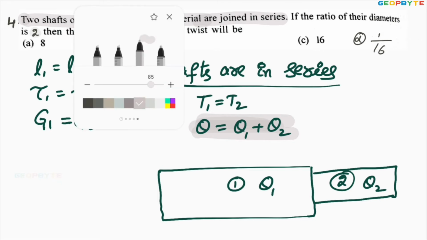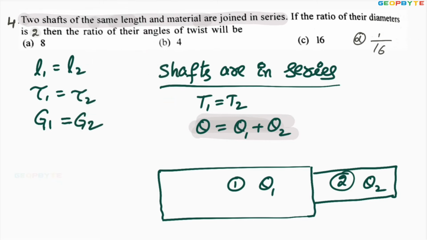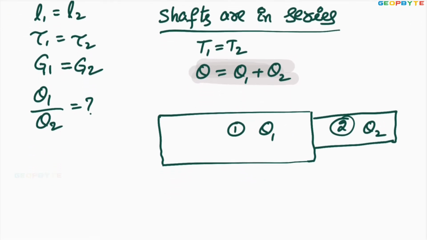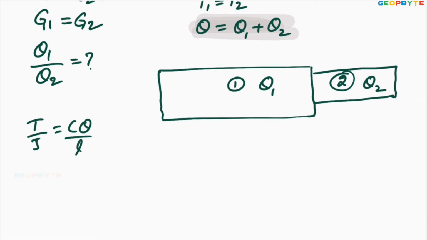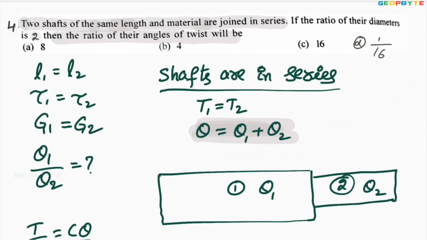Then the ratio of their angle of twist. Indirectly you are asked to find theta 1 and theta 2 ratio. What is the value of theta 1 by theta 2? For that, let us take the torsion equation, T by J equal to G theta by L. Is there any other condition?